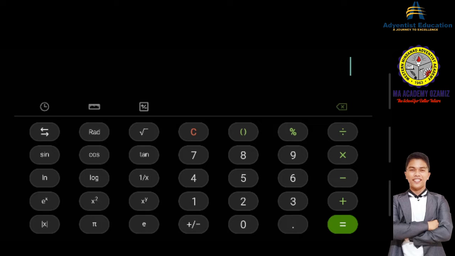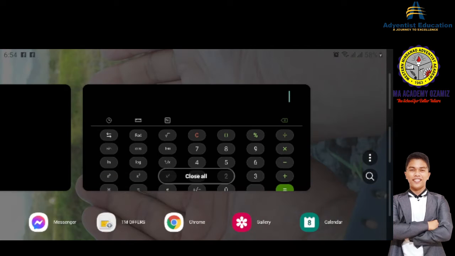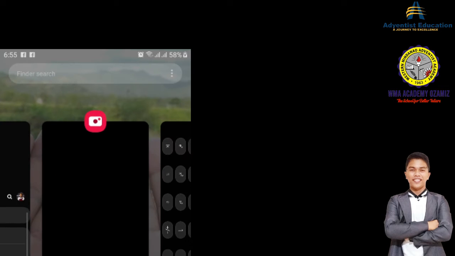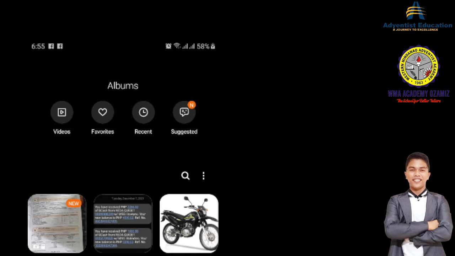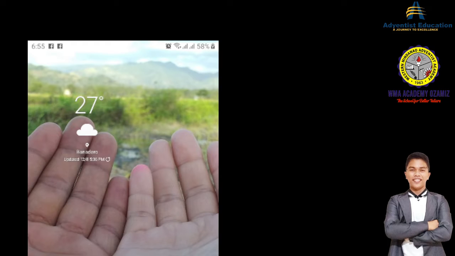As I've told you, if you are using a scientific calculator, if you have one, then you can use this icon for a while. Sorry, there's a lot of advertisement here.